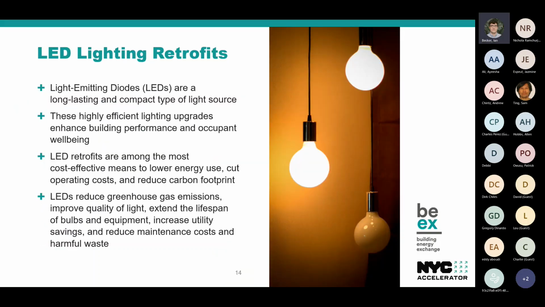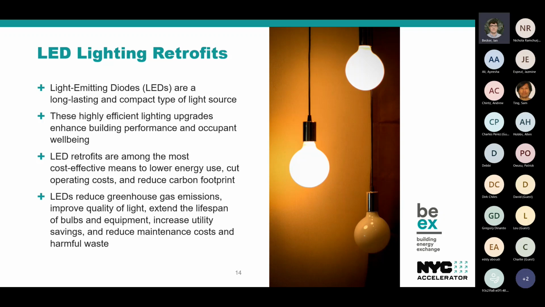A common measure that buildings implement is LED lighting. LED lighting uses efficient lighting technology to emit light in a specific direction. Replacing in-unit and common area lighting in your building can enhance building performance and occupant well-being and comfort. And if you have a violation related to dim lighting or other lighting issues, these upgrades might be a particularly important focus for your building.